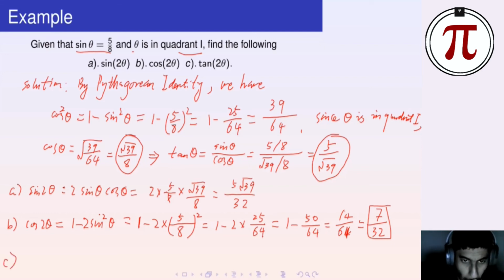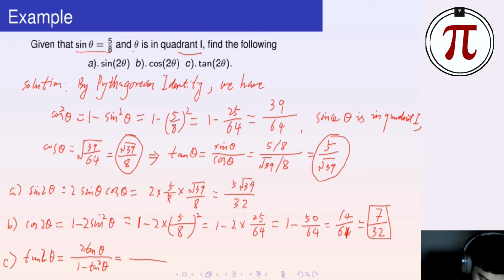C, tangent 2 theta equals 2 tangent theta over 1 minus tangent square theta, which equals 2 times 5 over square root of 39, over 1 minus 5 squared, which is 25, over square root of 39 squared, that's 39, right?